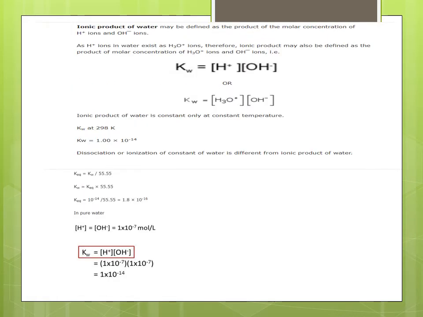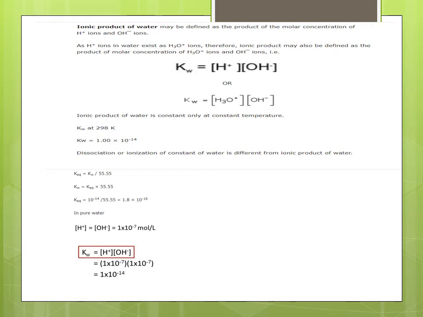Now, the ionic product of water may be defined as the product of the molar concentration of H+ ions and OH- ions. As H+ ions in water exist as H3O+ ions, the ionic product may also be defined as the product of molar concentration of H3O+ ions and OH- ions.